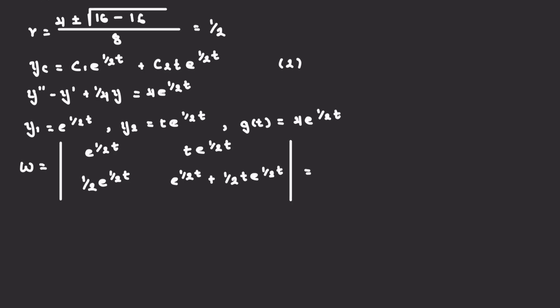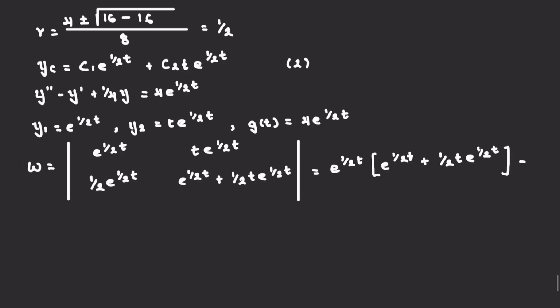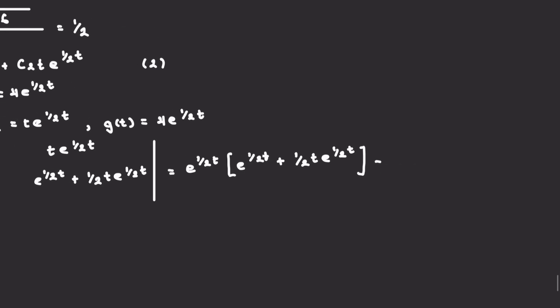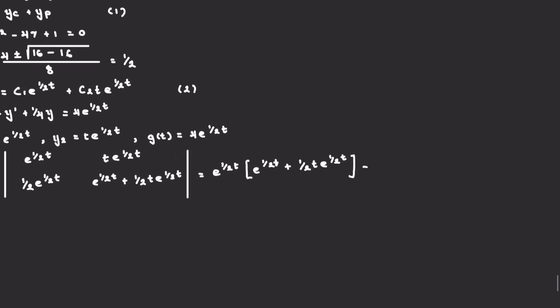Taking the Wronskian, which is the determinant of the 2 by 2 matrix, we will get here e to the 1 over 2t times e to the 1 over 2t plus 1 over 2 t e to the 1 over 2t, minus, let's write down on the side here so we can all see the process, 1 over 2 t e to the t.